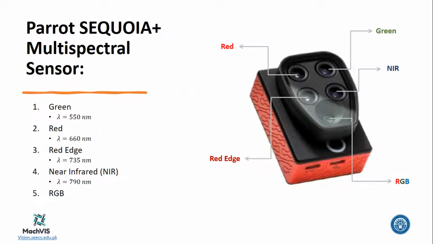These four different cameras are there to capture four different types of imagery, and the fifth one is for RGB data. These are the wavelengths of the particular bands. We are talking about green, red, red edge, near infrared, and RGB.